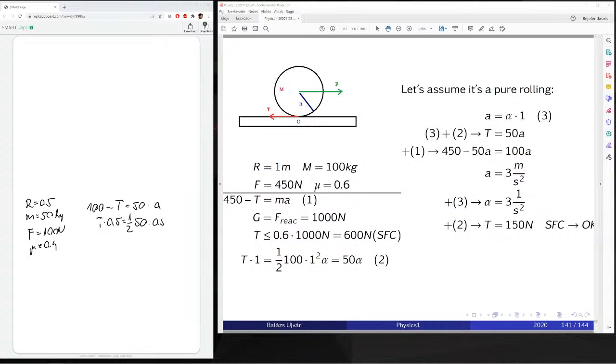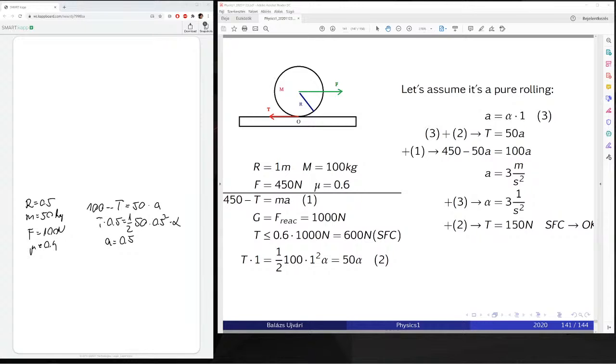These are the dynamic equations for translation and rotation. But what is the mu? Mu is the constant of friction. You remember for the incline example, this is what we had to check, whether it's large enough to stop the body. So this is the dynamical equation, and the condition for pure rolling is A equals 0.5 times alpha.